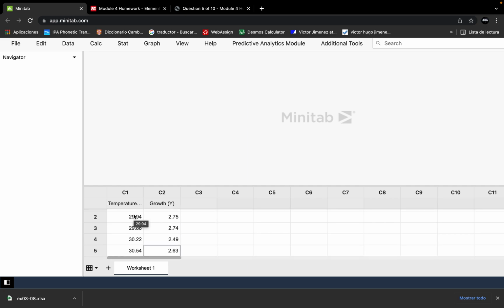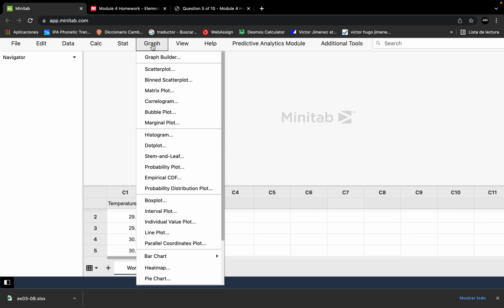Next, we're going to create a scatter plot. What is a scatter plot? It's another graphical method that we're going to be using in this course. It's mainly used when we are using linear regression or correlation. How do we do it? Go to Graph in the menu, then Scatterplot.